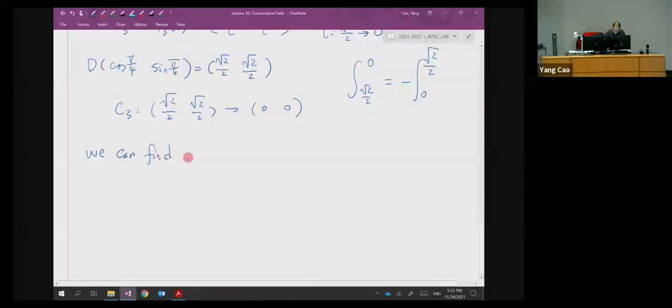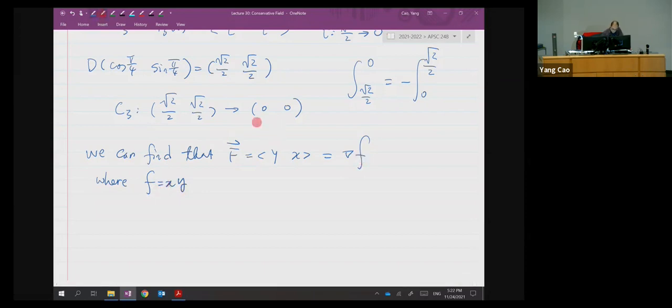We can find that this vector field f, which is y, x, equals del f, where f equals xy. If you don't believe me, you can plug xy into this gradient. All right, this is your f.